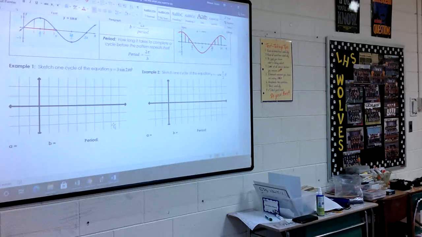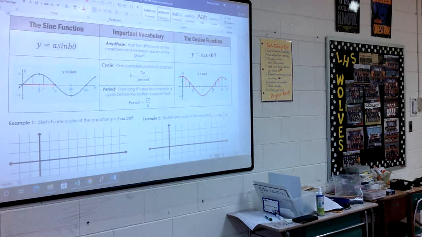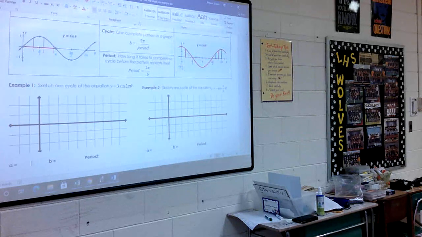So if we go to our calculator and you go to Desmos, you can graph this. The typical equation for sine is y equals a sine b theta, the angle. So a in example number 1 is 3.